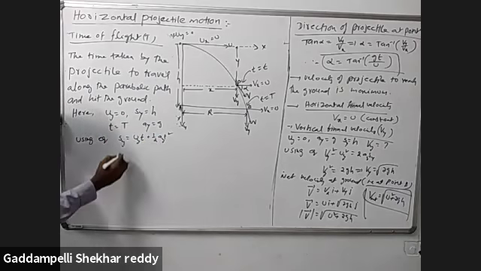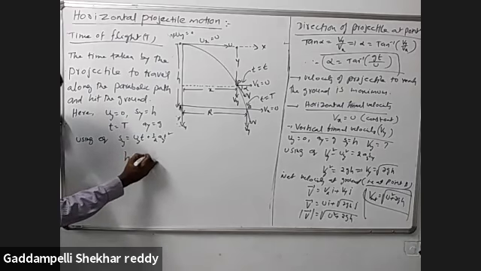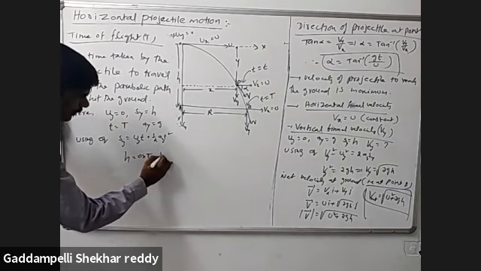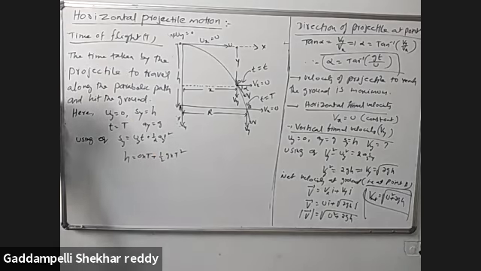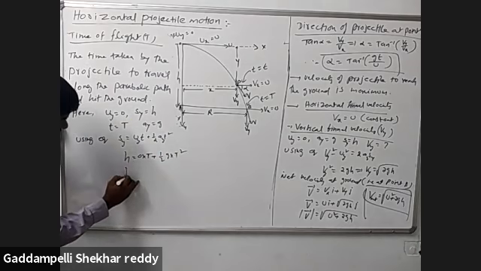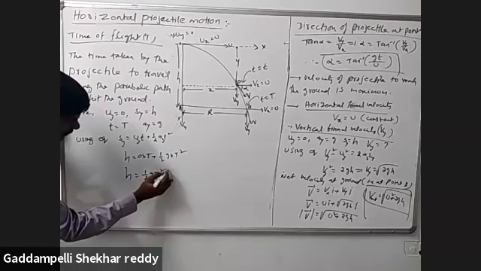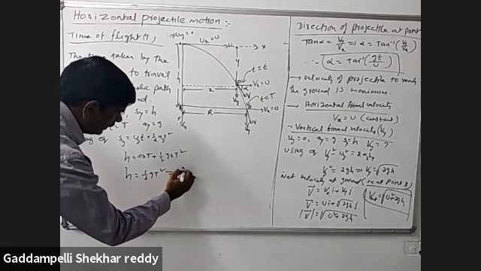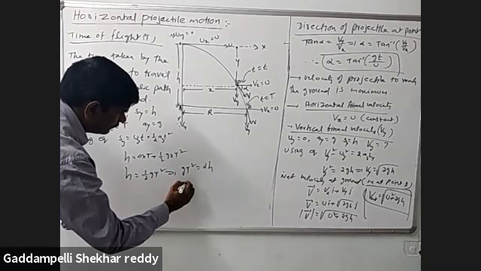So h is equal to 0 into T plus half g t square. So h is equal to 0 plus half g t square. From this equation, half g t square is equal to h.